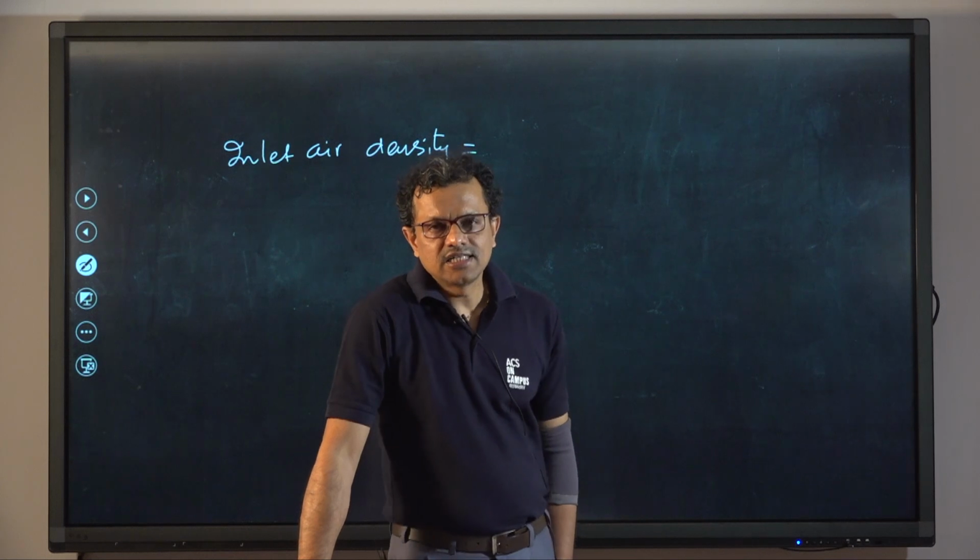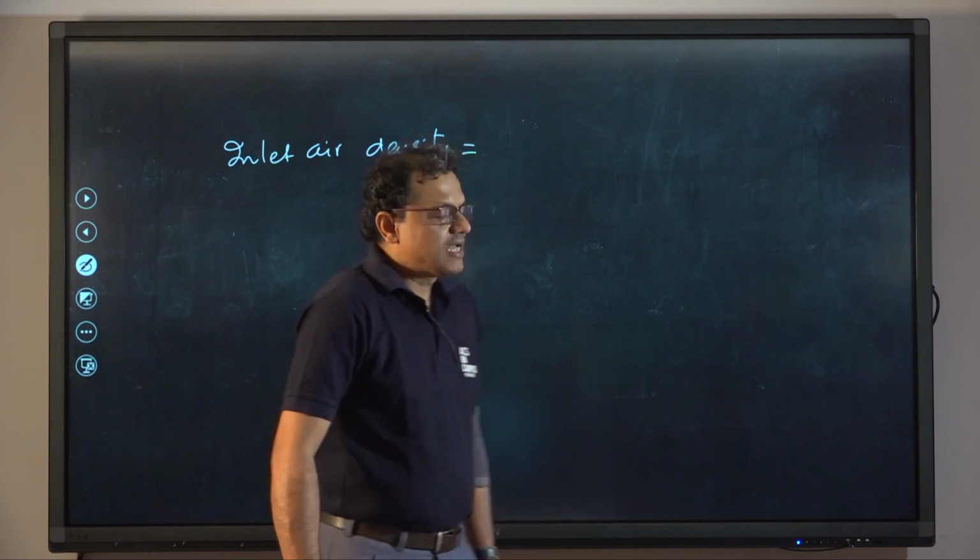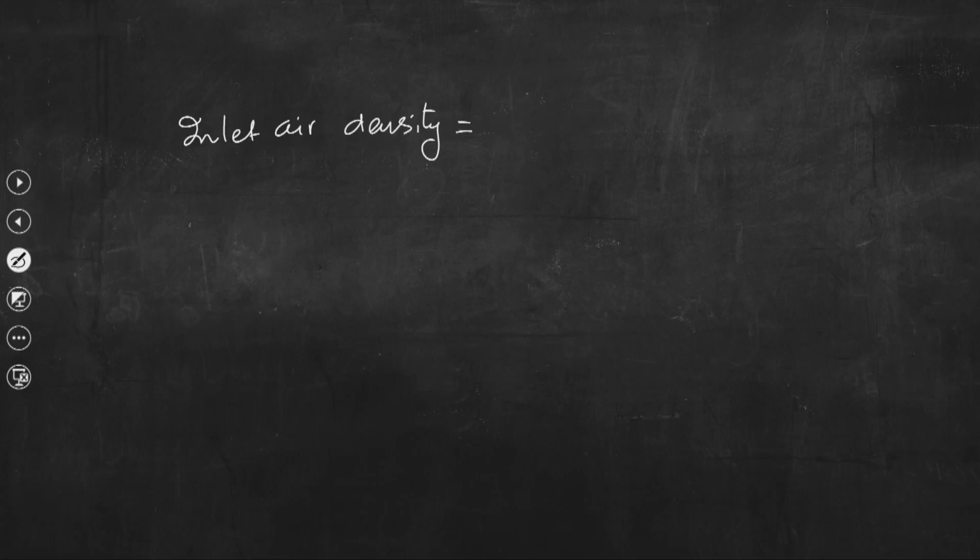So, we have to know the inlet air density from the given thermodynamic state, that is pressure is given and temperature is given. So, rho I equals Pi by R Ti.